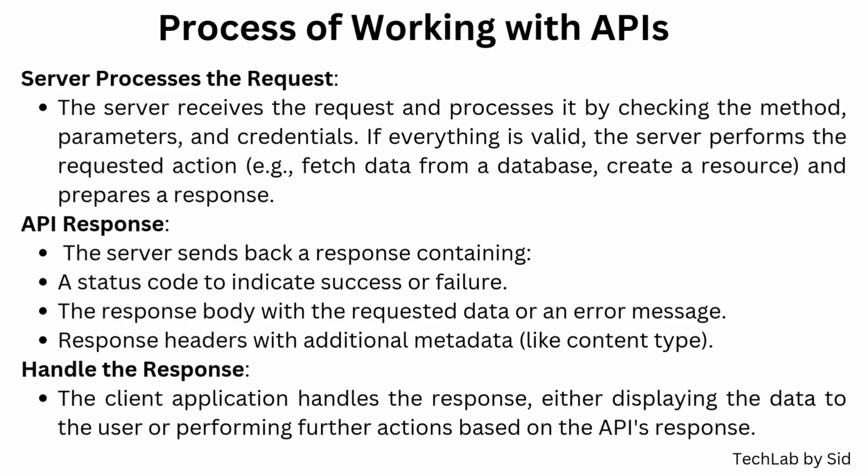The server sends back a response containing a status code to indicate success or failure, the response body with the requested data or an error message, and response headers with additional metadata like content type. Handle the response. The client application handles the response, either displaying the data to the user or performing further actions based on the API's response.